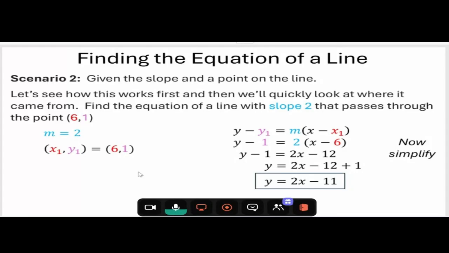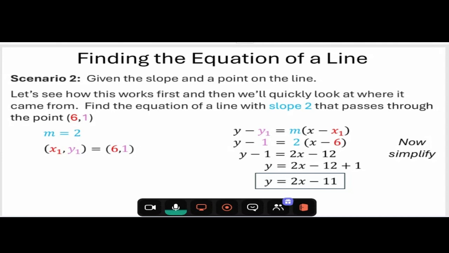Now, if we were to graph y equals 2x minus 11, I probably should have done this. If we were to graph that now, using our new graphing method, you would see that it does have a slope of 2, and it does pass through one of the many billions of points it passes through, indeed the point 6, 1.